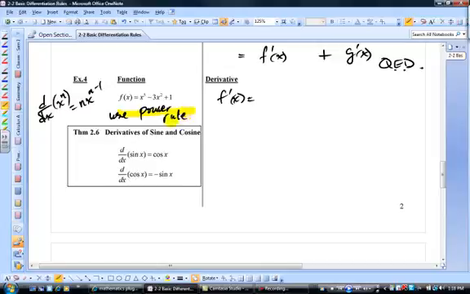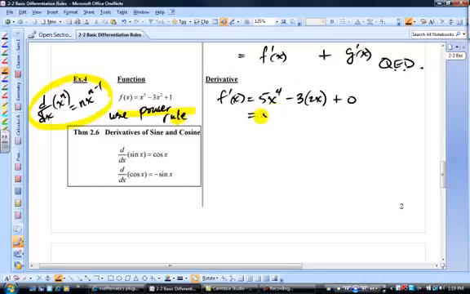There's your power rule. It's equal to 5x to the 5 minus 1, or 4th power, minus 3 times the derivative of x squared, which is just 2x, plus the derivative of a constant, which is 0. And so what you get is 5x to the 4th minus 6x for f prime.